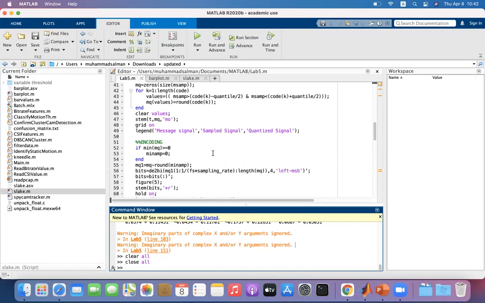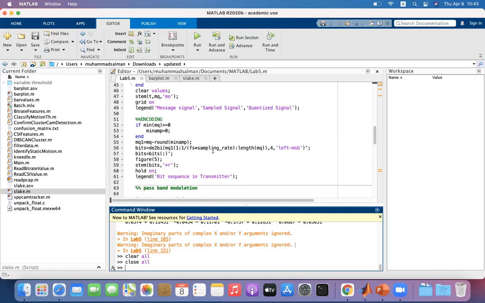And after that, we encoded the signal. Since we needed the signal to be in the digital form, that's why we also converted the signal into the digital domain. And we used 4 bits for each quantization point. So each quantized point was assigned 4 bits, and the leftmost was the MSB.